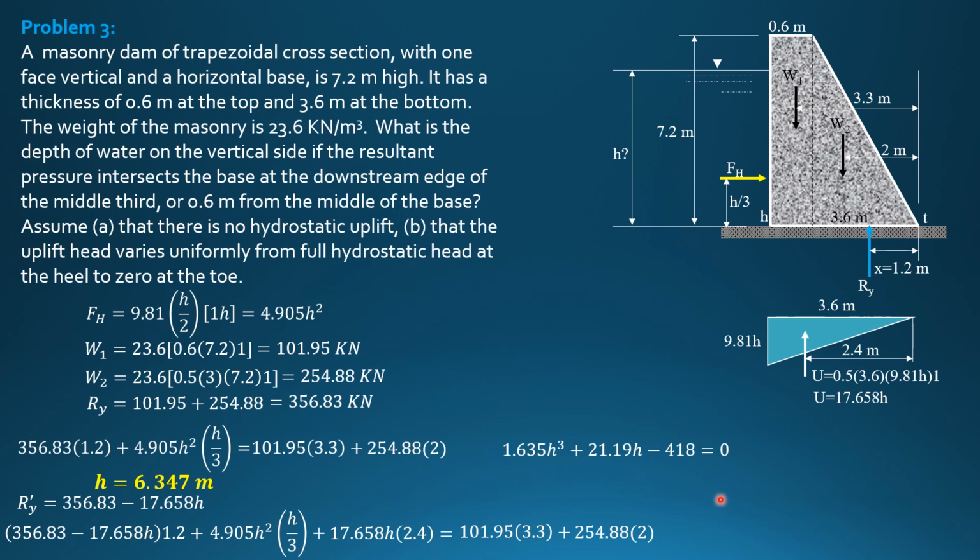So by trial and error or by using your high-tech calculator, there is only one real root. The other roots are complex conjugates. So H is 5.669 meters. So that's the only requirement, the value of H.